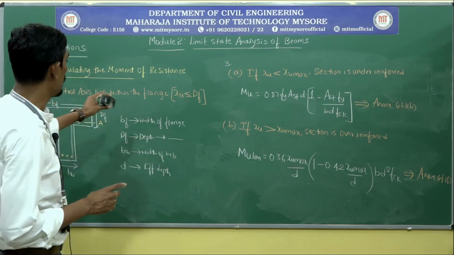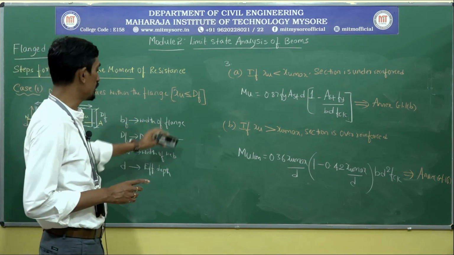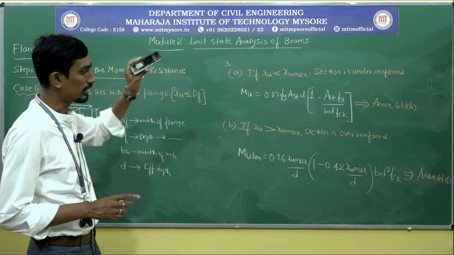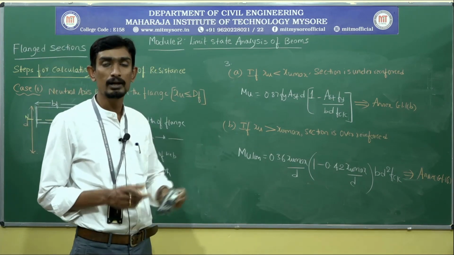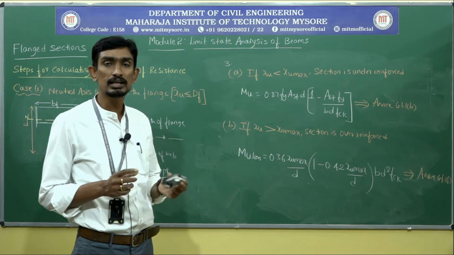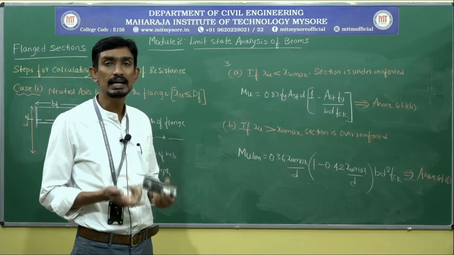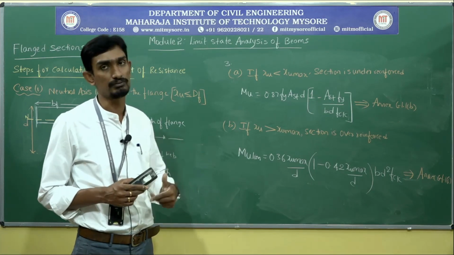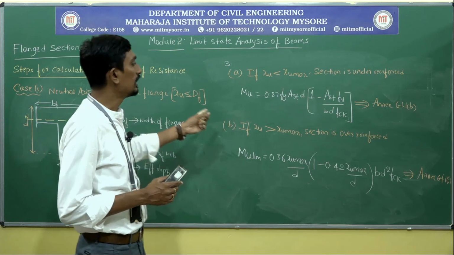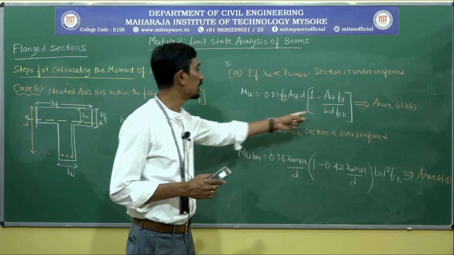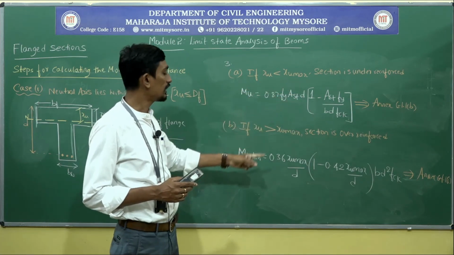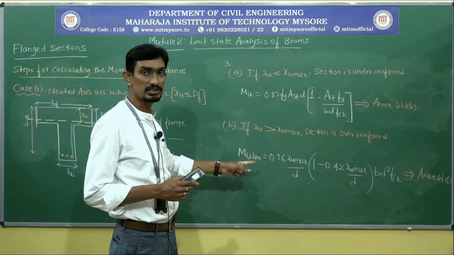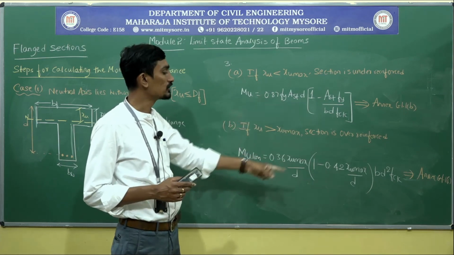If XU is lesser than or equal to DF, calculate the XU value, then calculate the XU max value, then compare and decide whether it is under reinforced or over reinforced. Then calculate the moment of resistance accordingly.